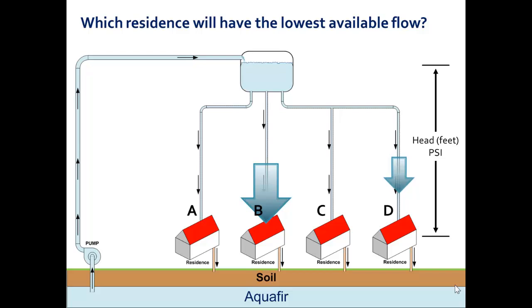Well, D. Not only does D have to share a downcomer, but it has a greater length of pipe to travel than A, and it has two elbows in it, just like A does, but it's a longer distance, plus it has to share the downcomer.